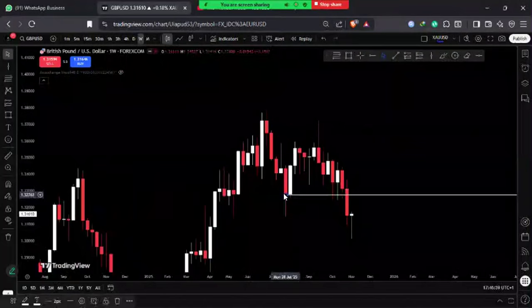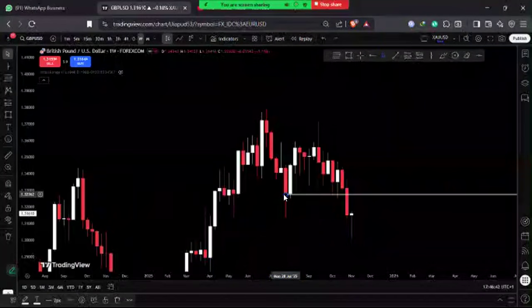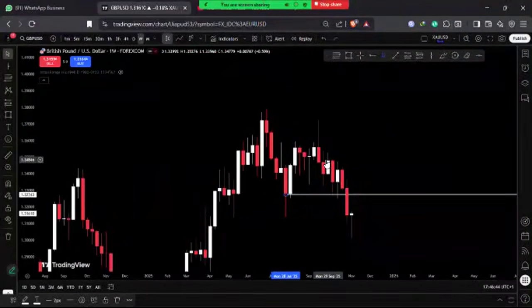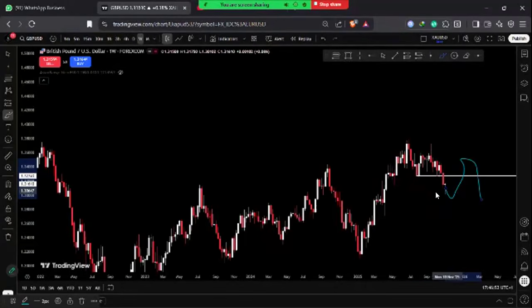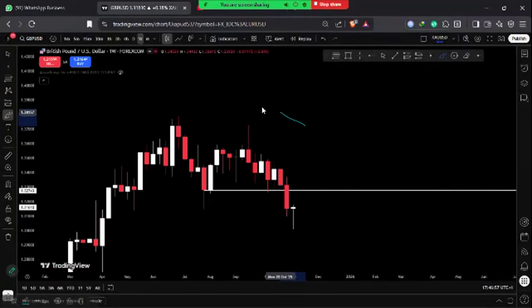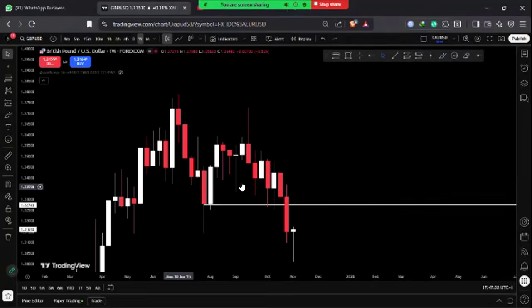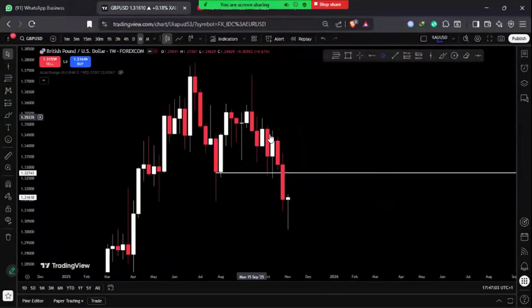If I want to use the ICT method, I would want this guy to retrace back up into this place here, somewhere here, then still fall down, because I feel like this is a retracement. So this is a clear descent.